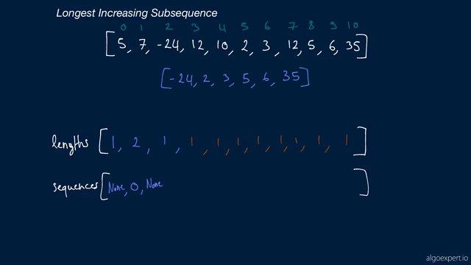So now let's move on to our fourth number, 12, which is stored at index 3. We start iterating through all the numbers that come before index 3: 5, 7, and negative 24. Is 5 less than 12? Yes, it is. So whatever longest increasing subsequence ends with 5, we can put 12 at the end of it.